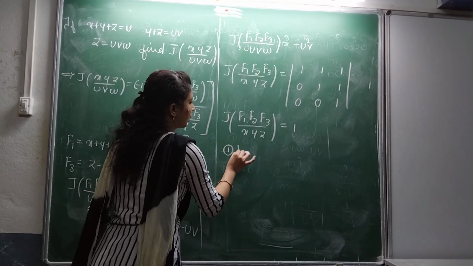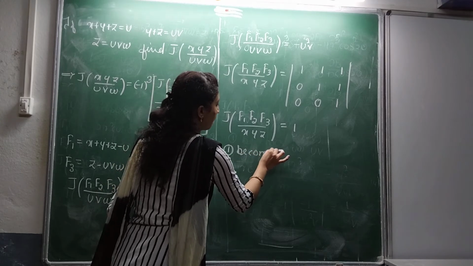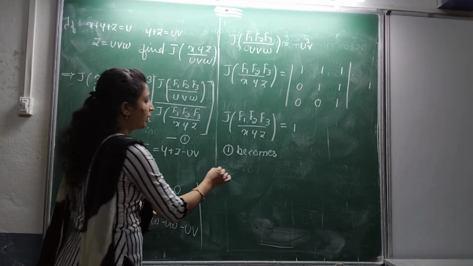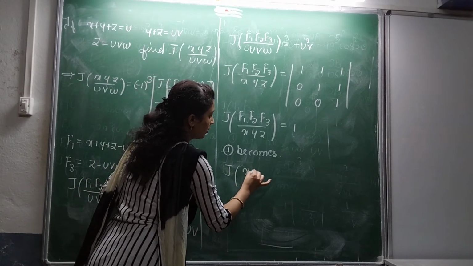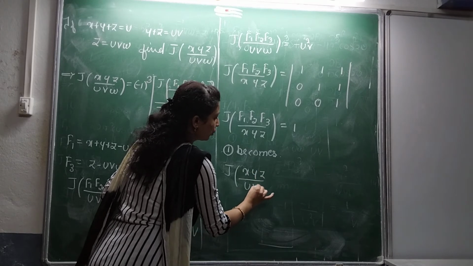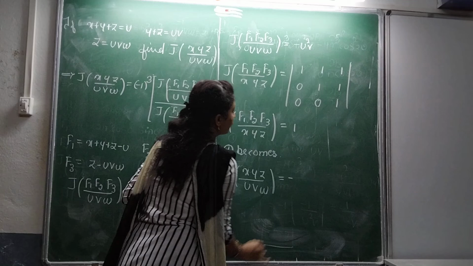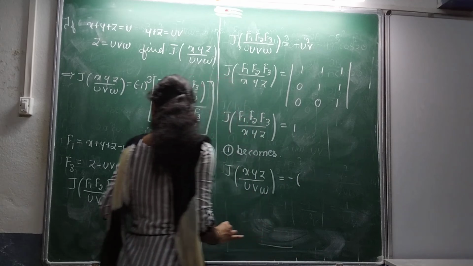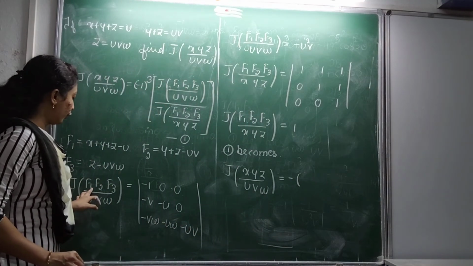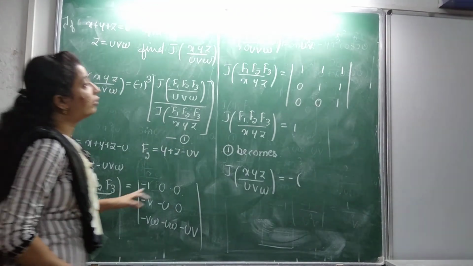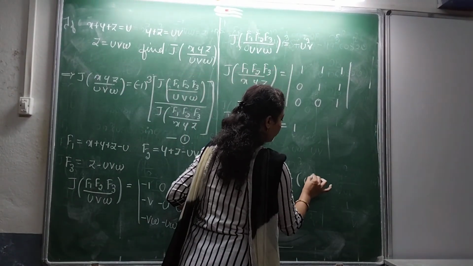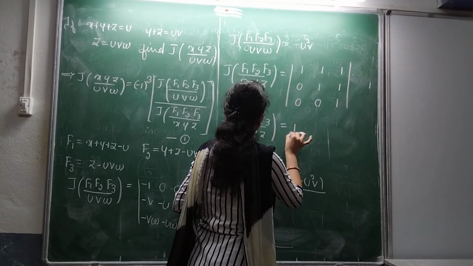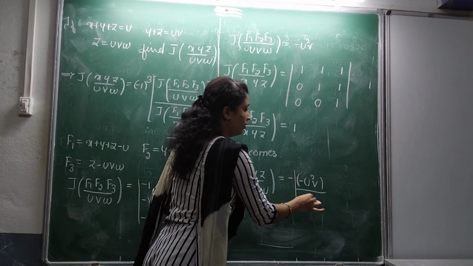Therefore equation 1 becomes: Jacobian of (x,y,z) with respect to (u,v,w) is equal to (-1)³, which means minus, times the Jacobian of (f1,f2,f3) with respect to (u,v,w), which is -u²v, divided by the Jacobian of (f1,f2,f3) with respect to (x,y,z), which is 1.